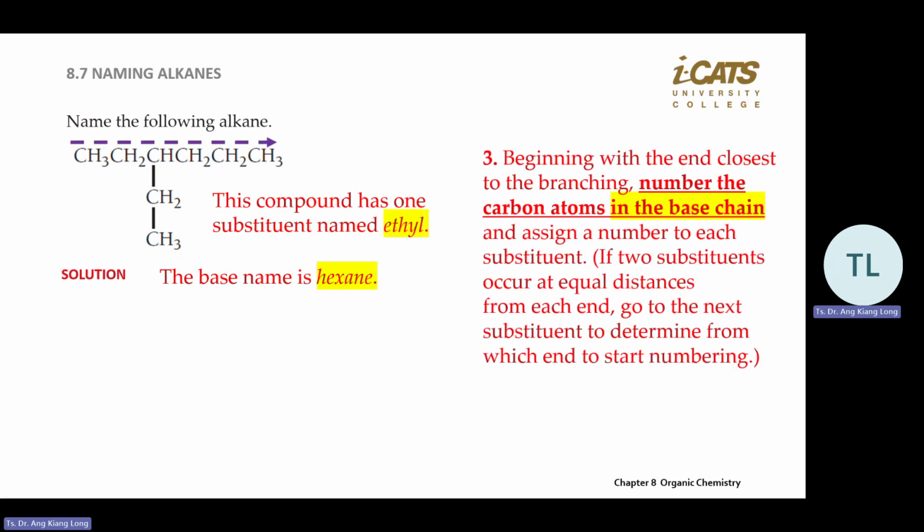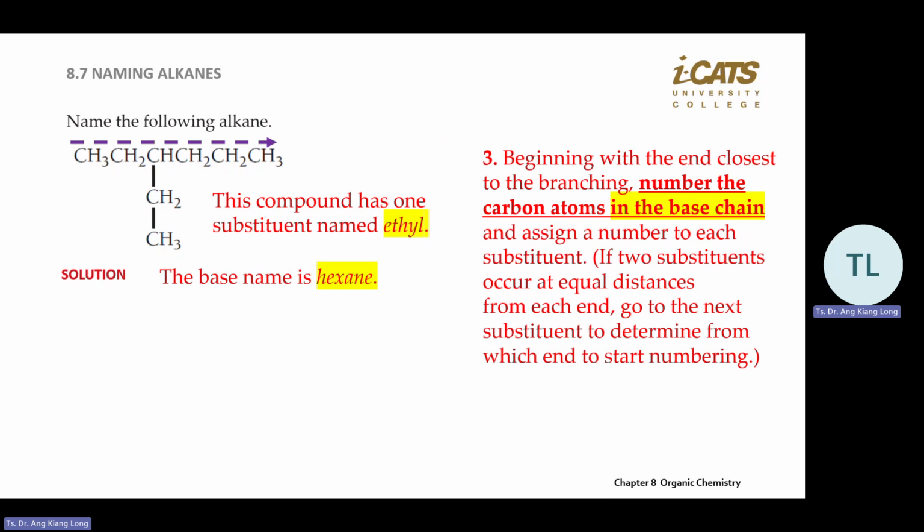Then you need to number. You need to number from where? So you need to count from the end of the branch. Okay, the end of the structure, and we use the lowest number. So let's say if you count from the left, 1, 2, 3, the branch out is on number 3.